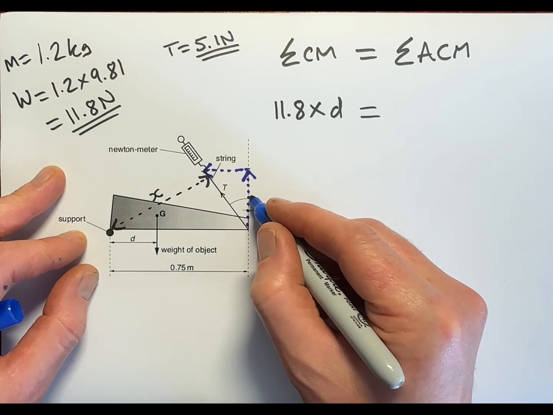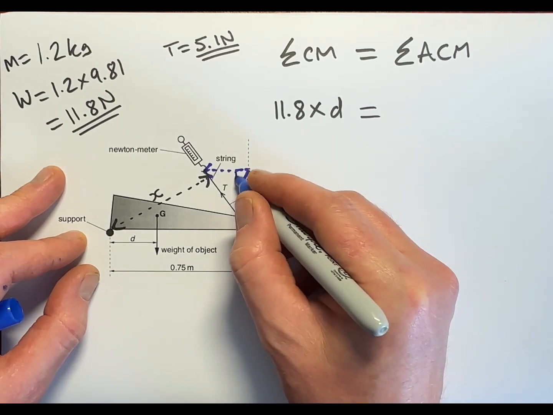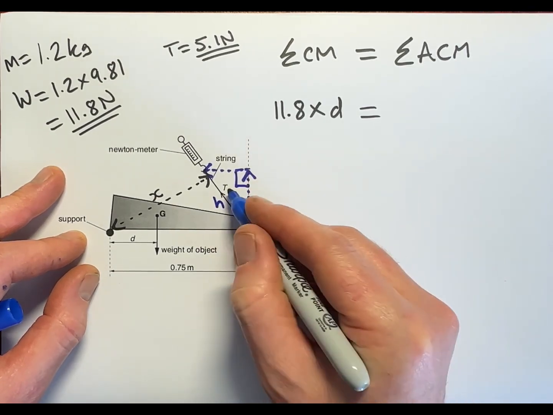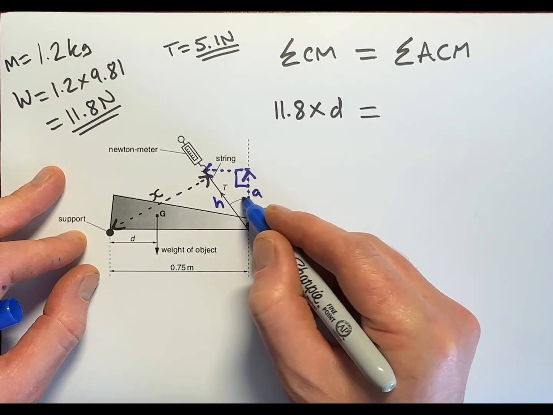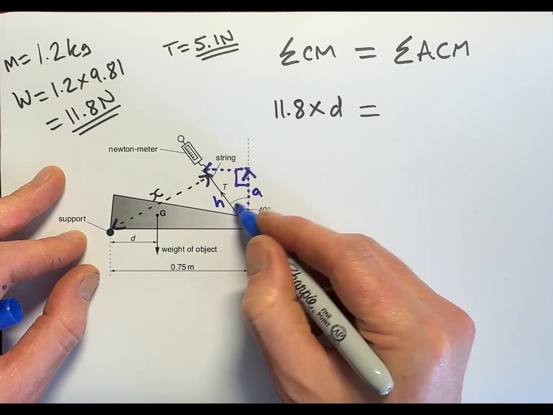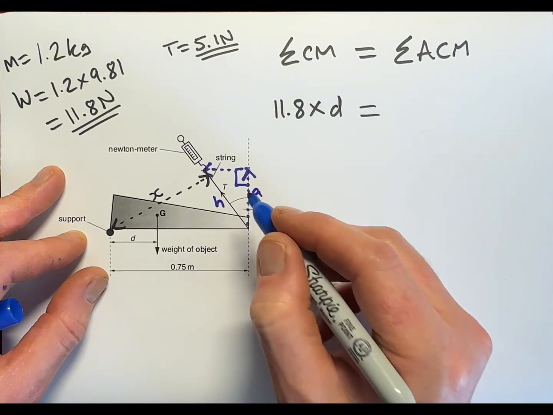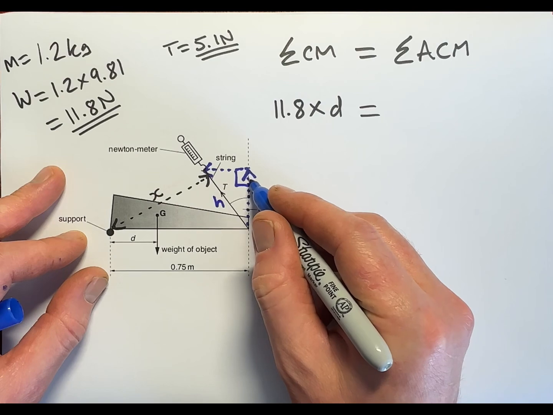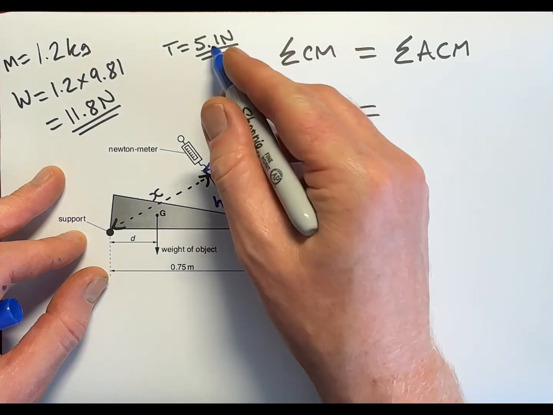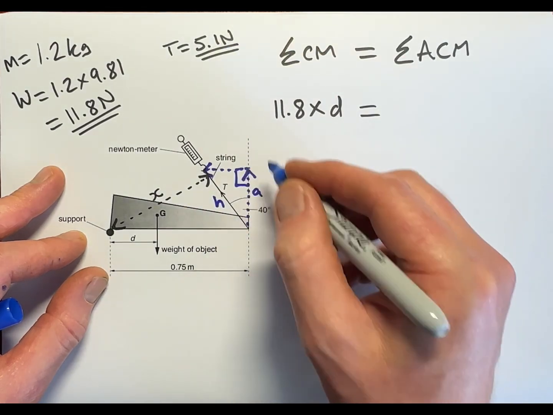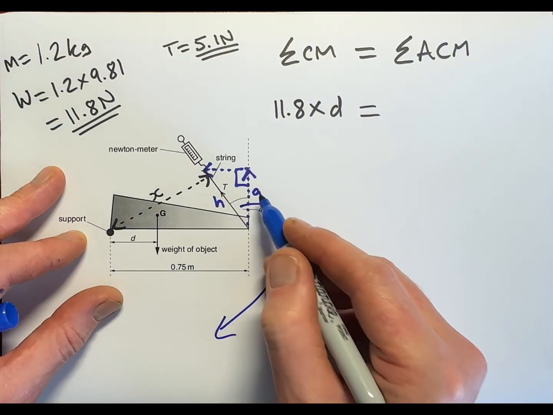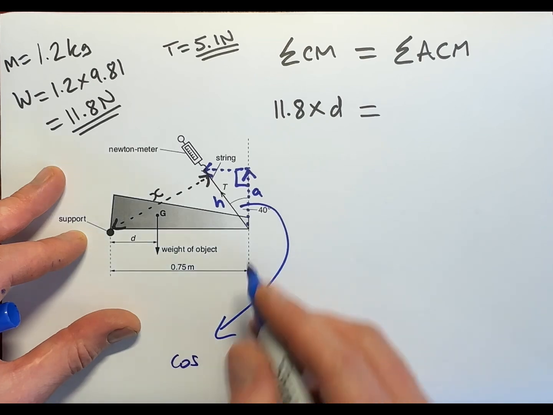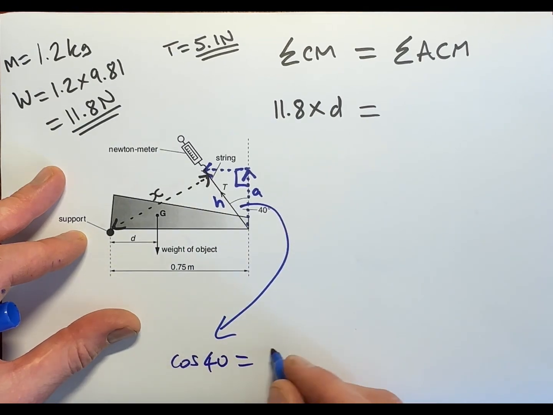So how do we work that out? Well, we've got a right angle triangle. We know the hypotenuse because we know that T is 5.1. We're going to work out the adjacent, and we know this angle here. This side is adjacent to this 40-degree angle. So cos of 40 is equal to the adjacent over the hypotenuse, which is 5.1.